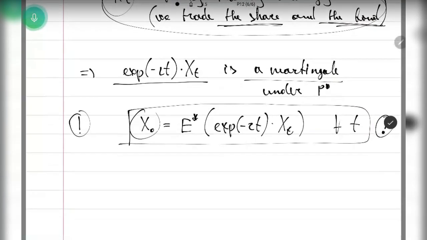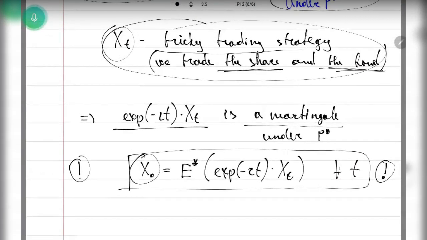To calculate the current price of any tricky trading strategy in the Black-Scholes world, you just need to calculate an expected value. Okay, what does it mean for our applications? Let's consider some particular examples.